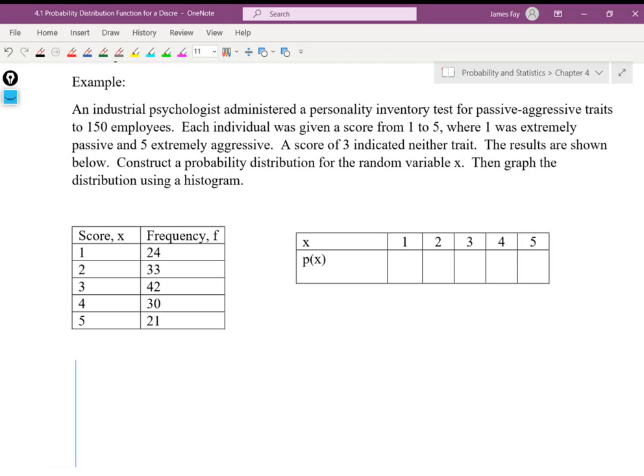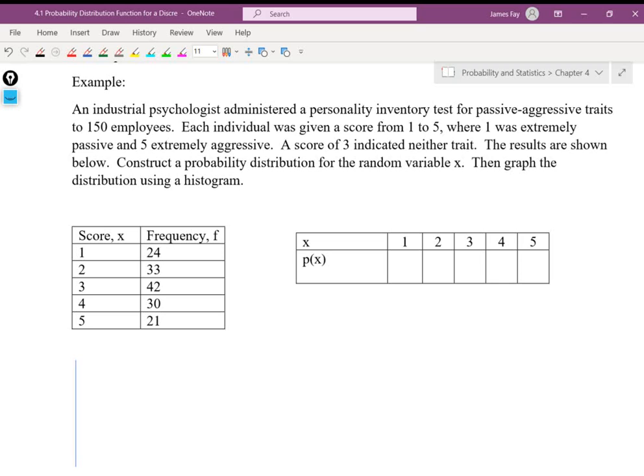It says an industrial psychologist administered a personality inventory test for passive-aggressive traits to 150 employees. Each individual was given a score from 1 to 5, where 1 was extremely passive and 5 was extremely aggressive, so a score of 3 indicated neither trait. The results are shown below. Construct a probability distribution for the random variable X, then graph the distribution using a histogram.